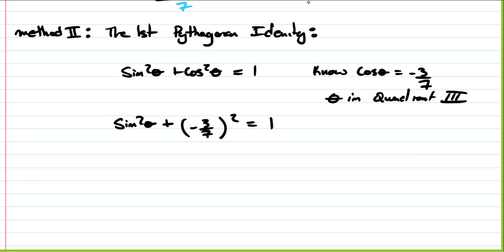So then we would have sine squared theta plus negative 3/7 times negative 3/7, 3 times 3 is 9, 7 times 7 is 49, is equal to 1.